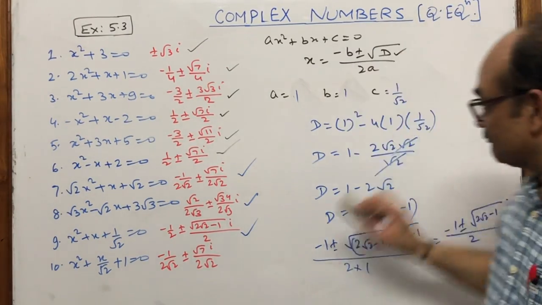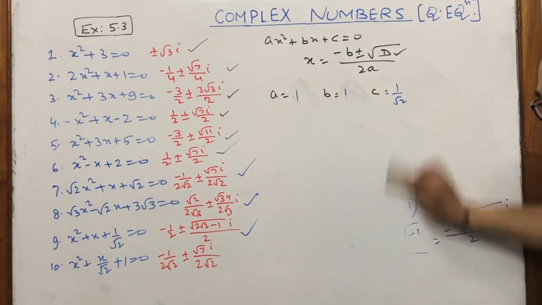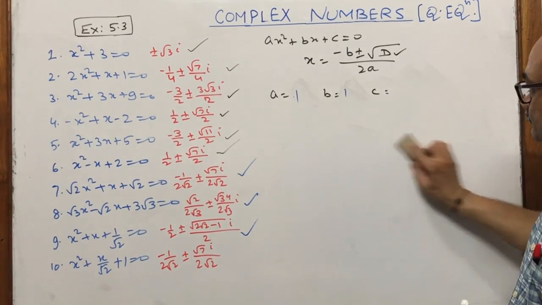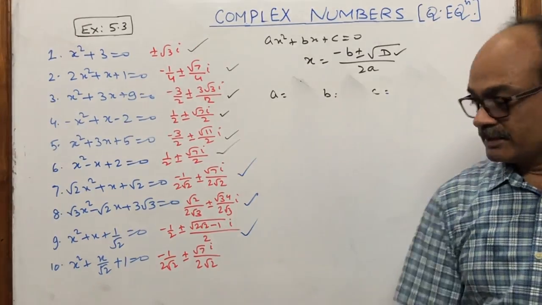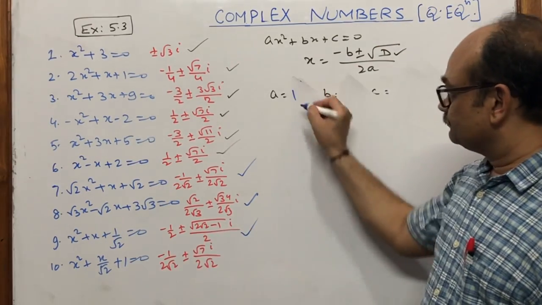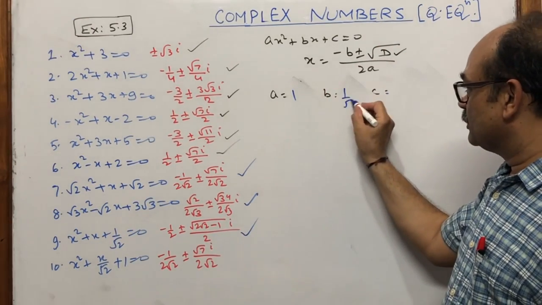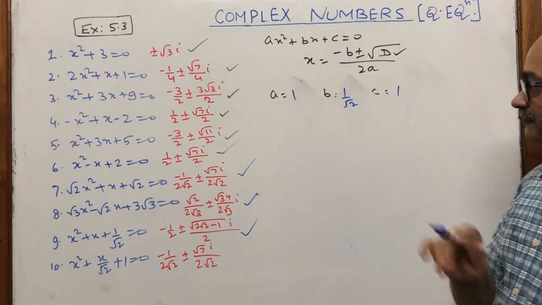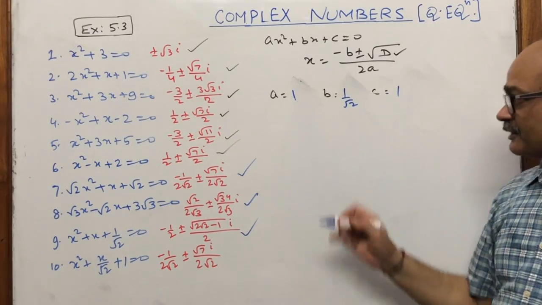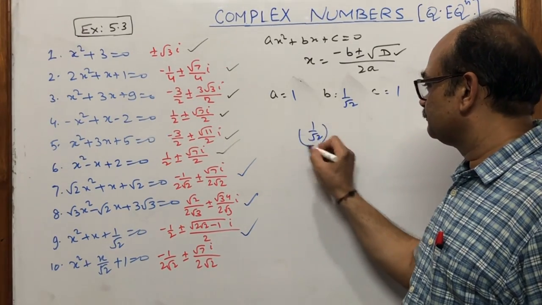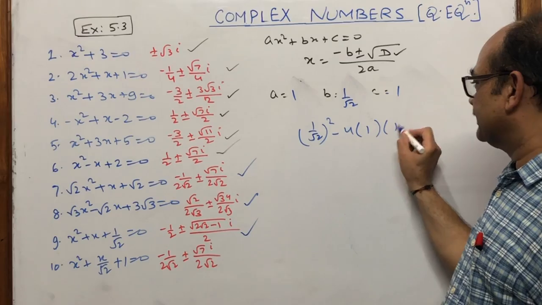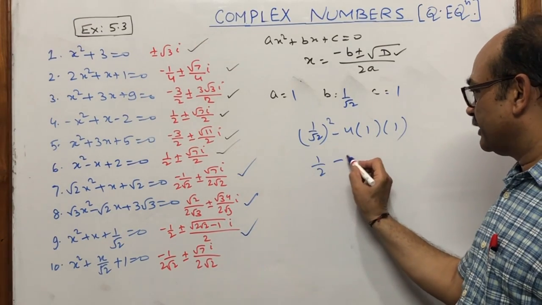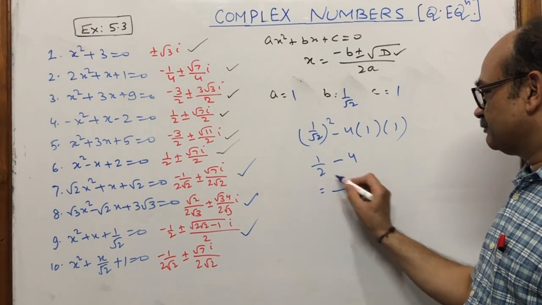And the last question for today's lecture is a equals to 1, b equals to 1 by root 2 and c equals to 1. Same pattern. B square minus 4ac, 1 by 2 minus 4, that is 2 LCM, minus 7.